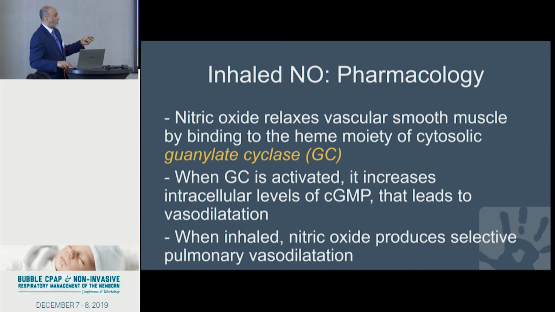So the good thing about nitric oxide is that it is very selective. When you are inhaling it, if you have a lobe of the lung or an area of the lung that is collapsed, you don't want to send any nitric oxide to that area anyway, because if you dilate the vessels going to a lobe of the lung that is collapsed, you are actually creating more VQ mismatching.